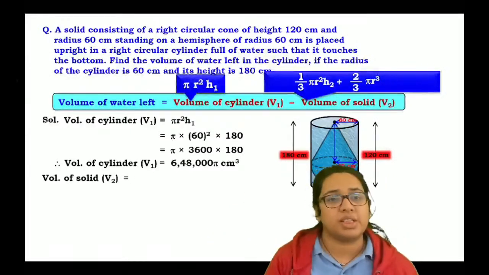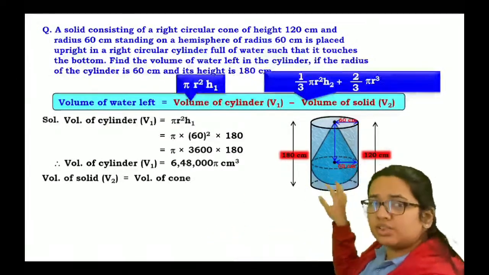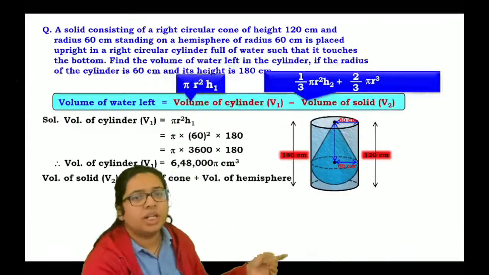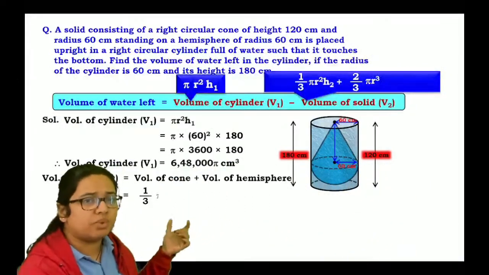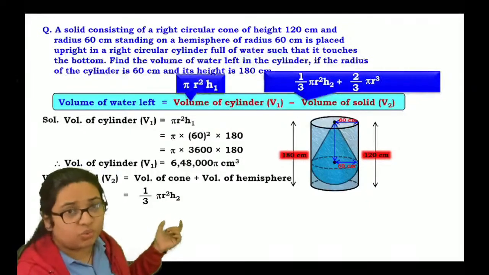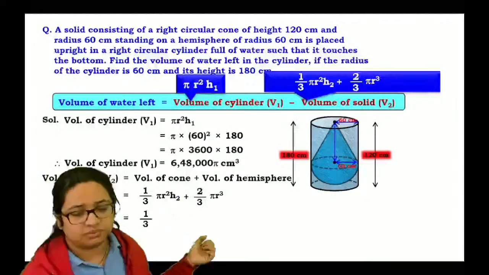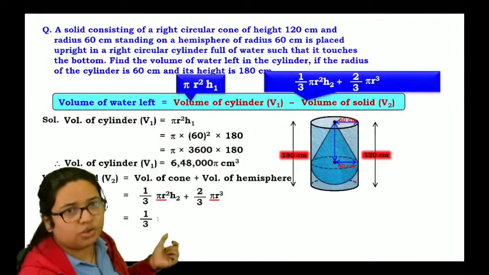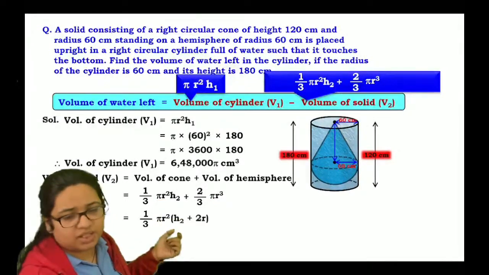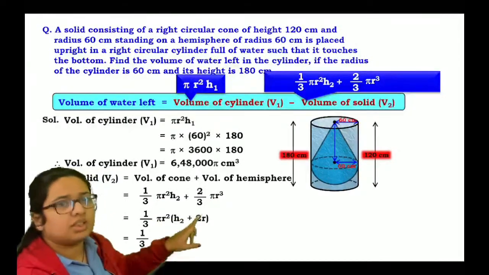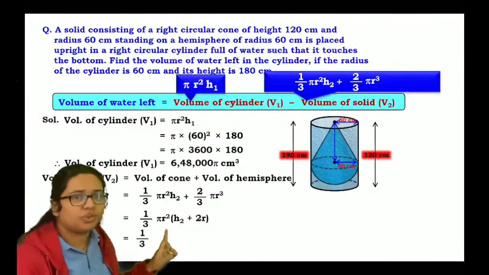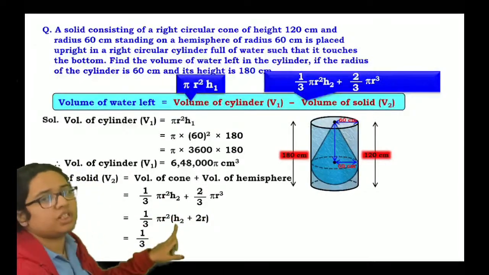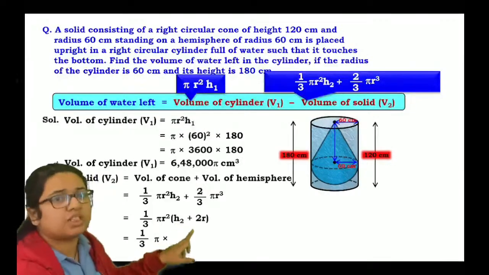Now next, what will be the volume of this solid, which consists of volume of the cone and volume of the hemisphere. Volume of the cone is 1/3 of pi r square h. Hence we can take 1 upon 3 times pi r square common, so we just have to consider what will be the value of the bracket h plus 2r.